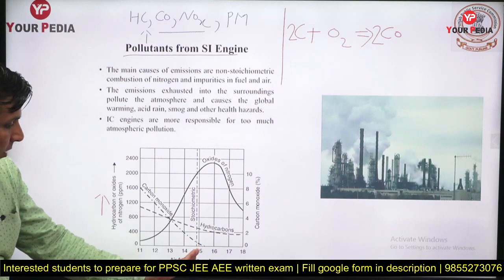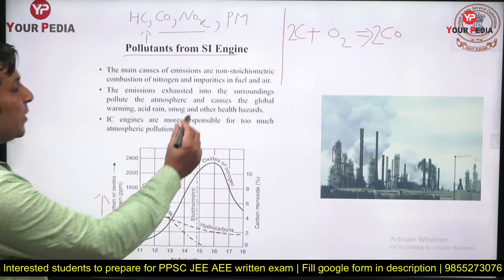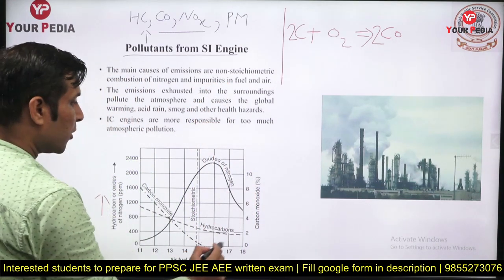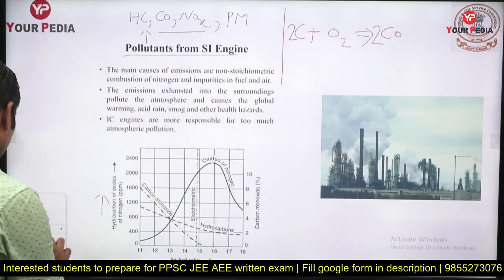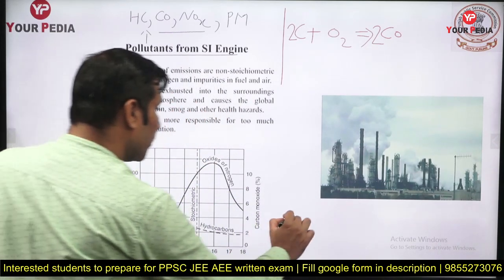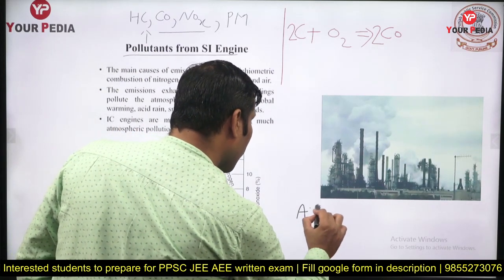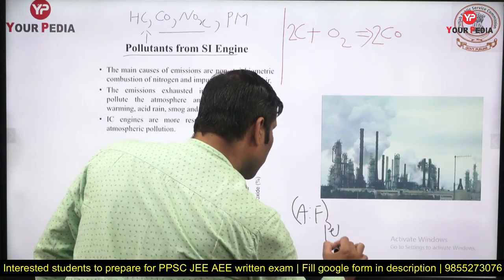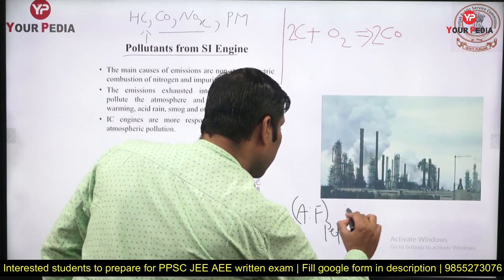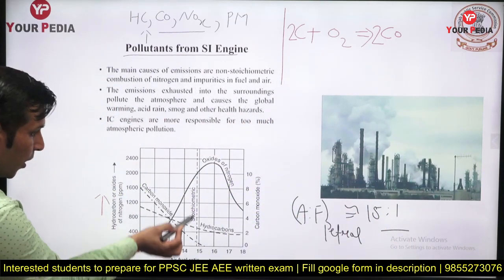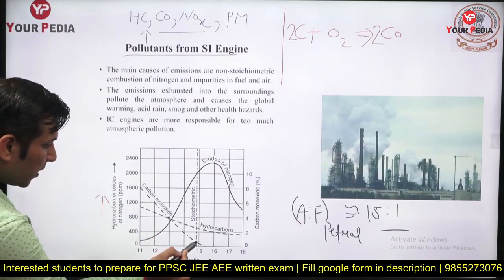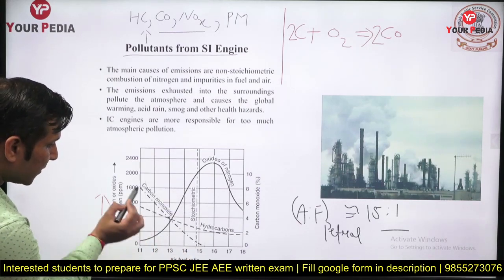You can check it here. If you talk about an SI engine, petrol, how much is the stoichiometric air fuel ratio for petrol? It is 14.7:1, or roughly you can write it as 15:1. So you can check it here: close to 15:1, the carbon monoxide emission is very less.